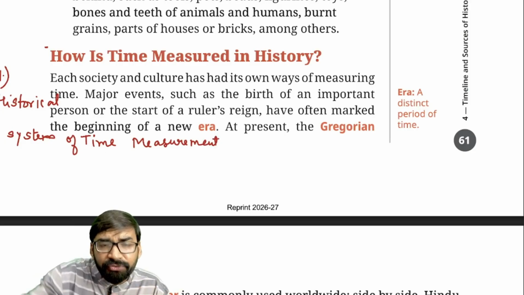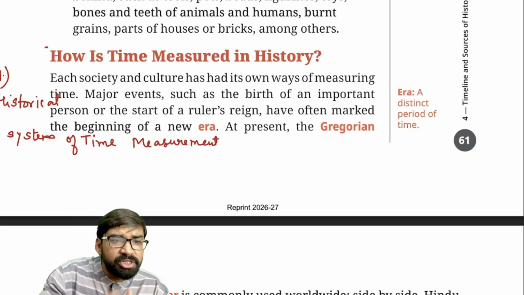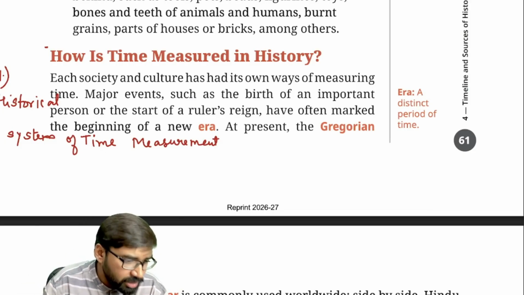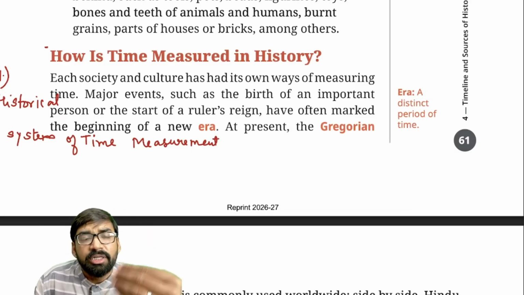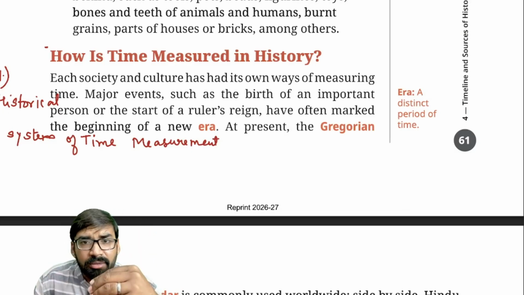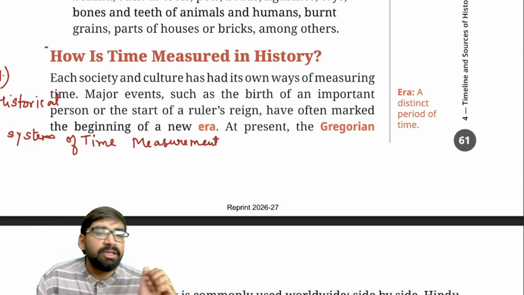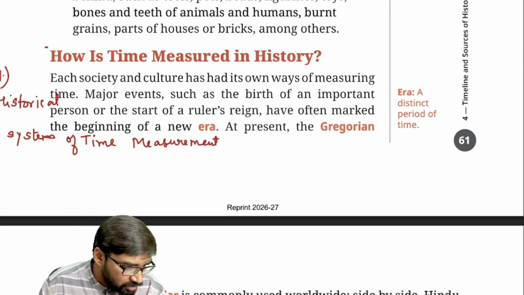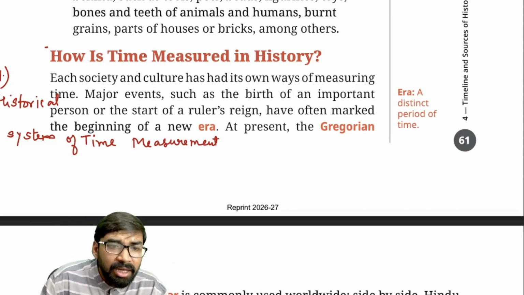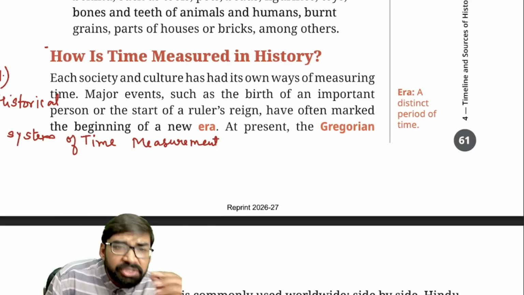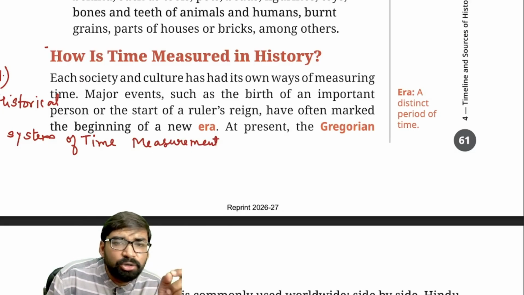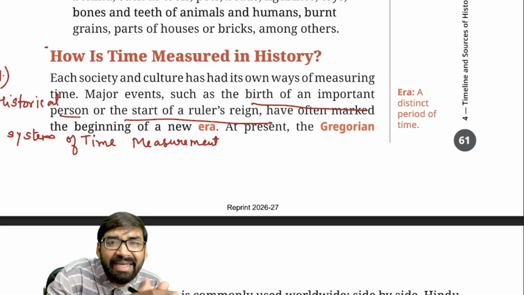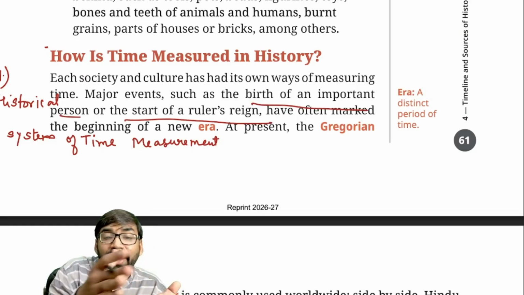See, different societies they use different time scales, है ना. They use different timelines, using major events को यूज करते हैं. ठीक है. चलो, now in history, basically the birth of an important person or start of any new reign or new timeline is actually marked as era.